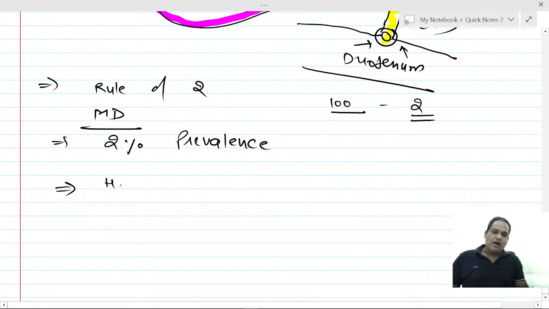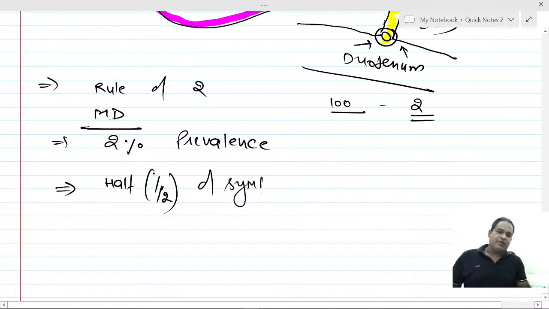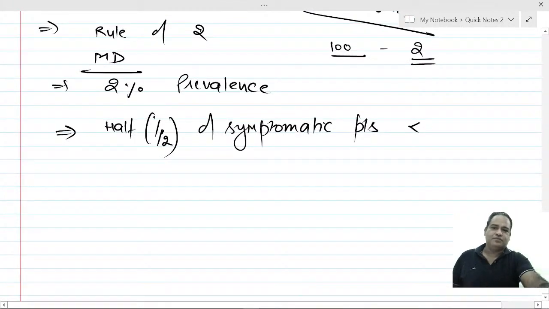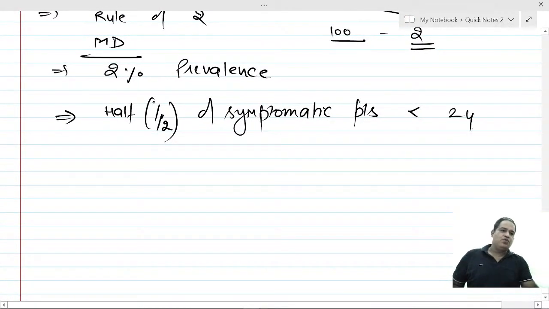Second, half of the symptomatic patients are less than 2 years of age, children.